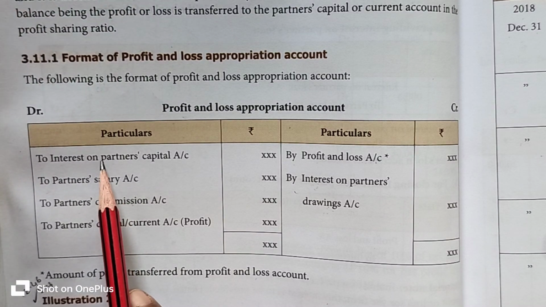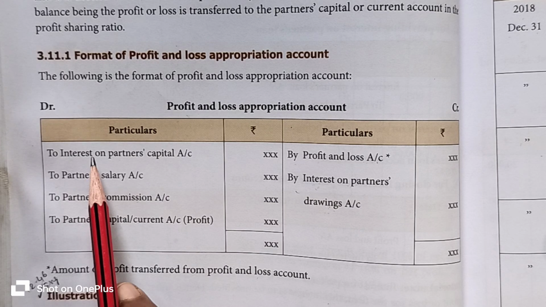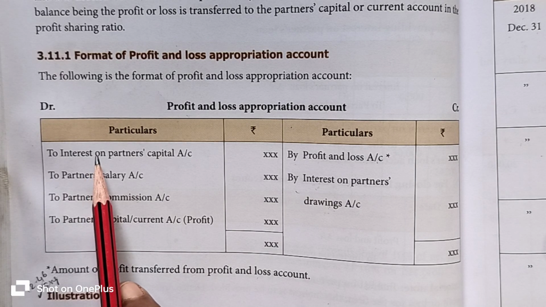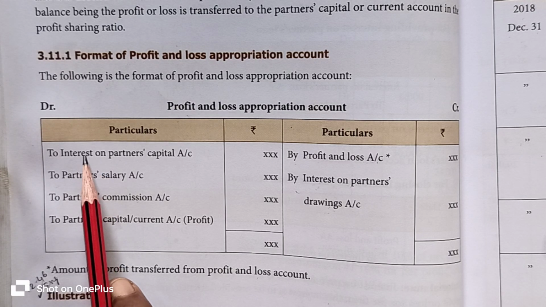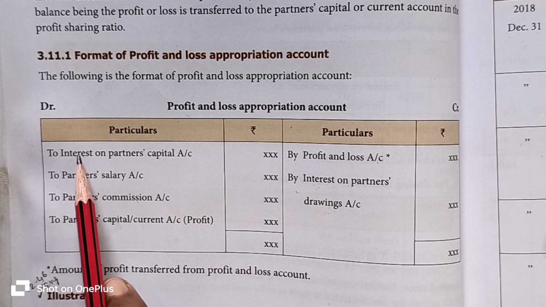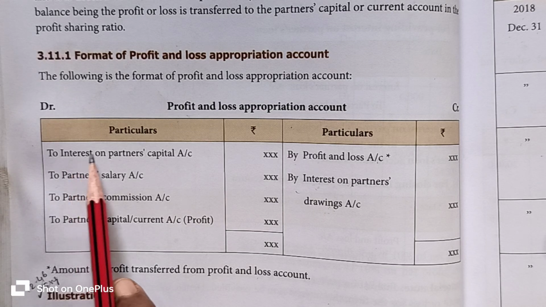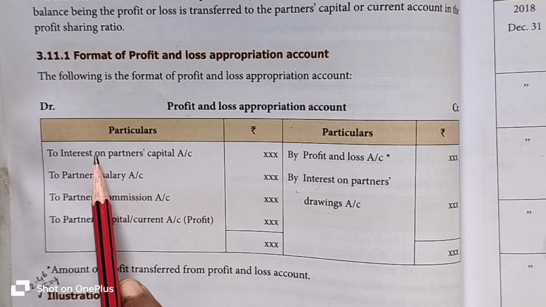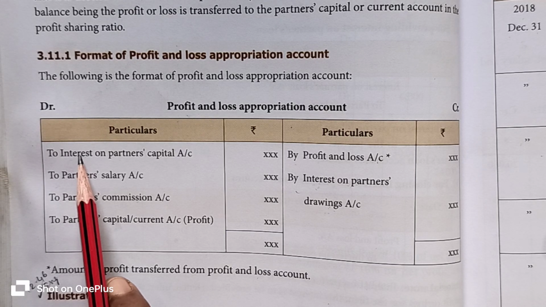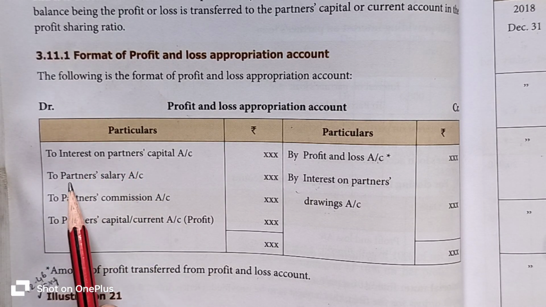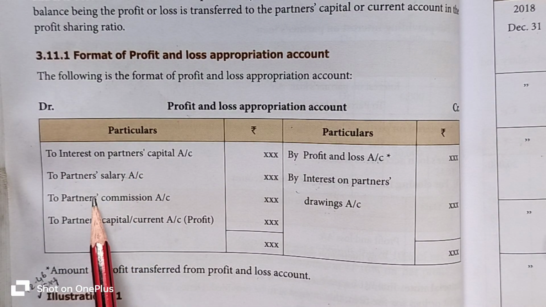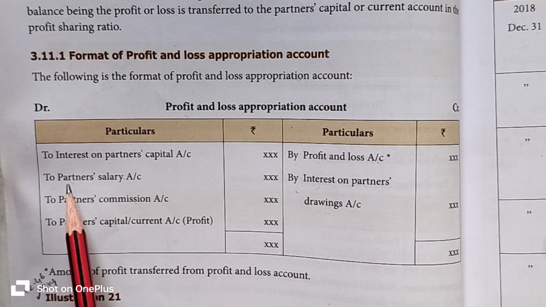These three are, from the business point of view, interest on the capital invested by partners or owners in the business. For that invested capital, the business paid interest to its owners or partners, because business and partners are different, separate entities. So from the business point of view, paid interest on capital, paid salary and paid commission are expenses, so they are to be debited.